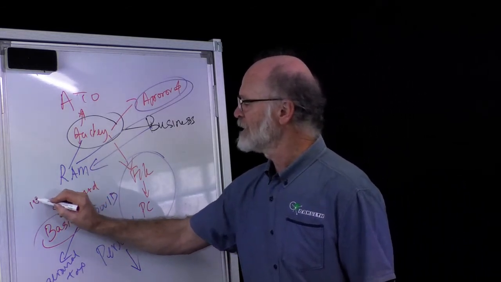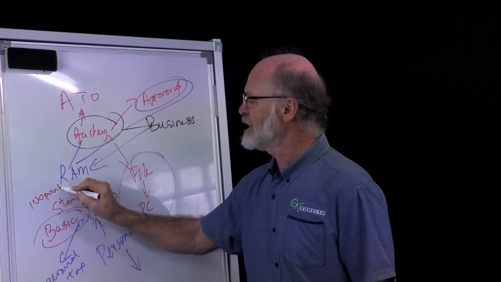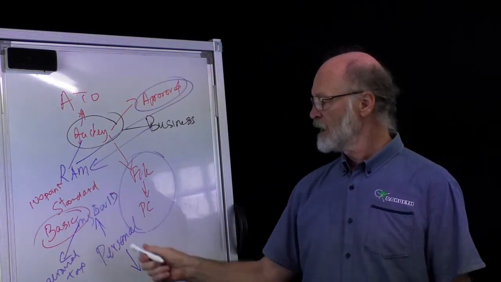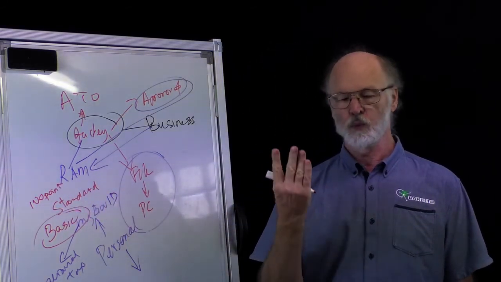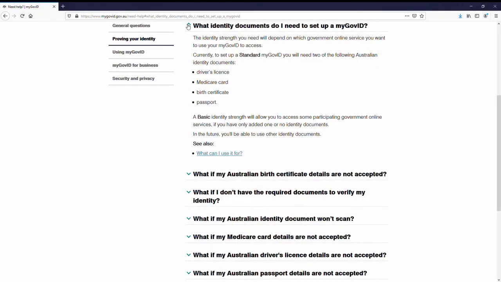There's nothing of significance that you can do from a business point of view. Now, the standard is equivalent to the 100-point ID check. So you need to supply 2 of 4 identification things, and for most people, those 2 things are their driver's license and their Medicare card.